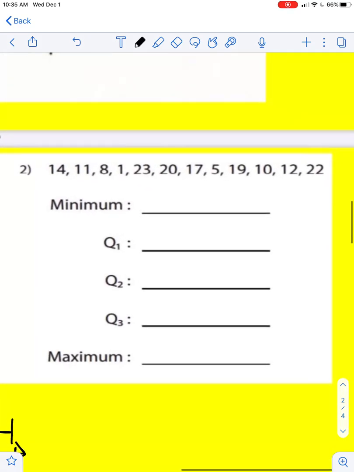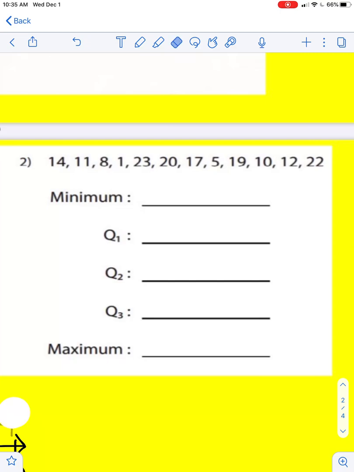So now we're going to do number 2 over here. And I'm going to erase the end of that so we've got room. And we are going to just do the same thing. We're going to put these in chronological order as well. So it looks like the first number we have is 1. And the next one would be 5. Then 8.